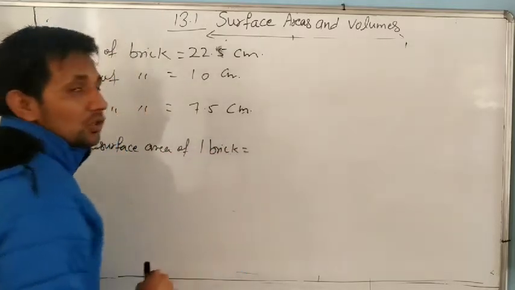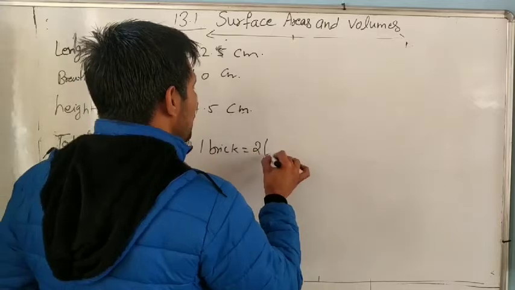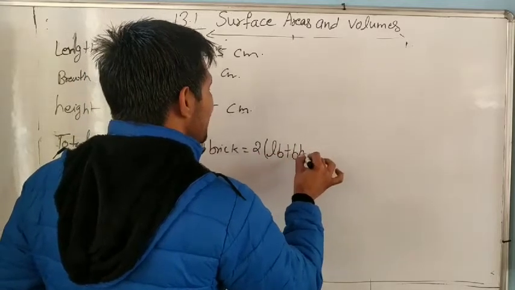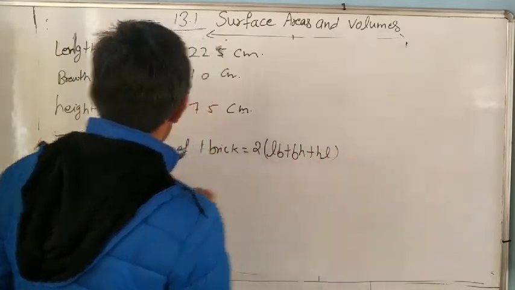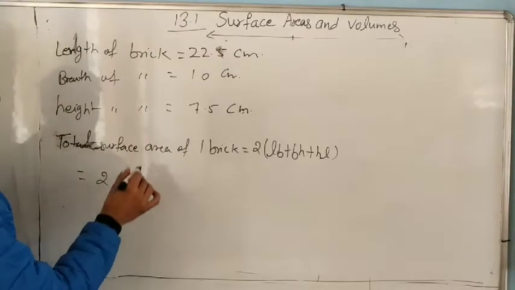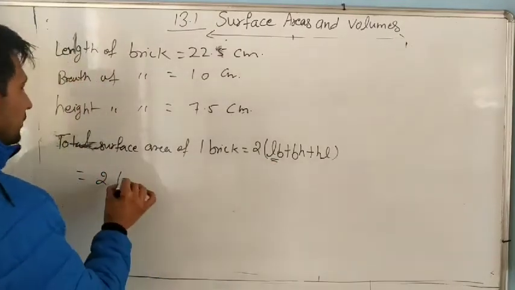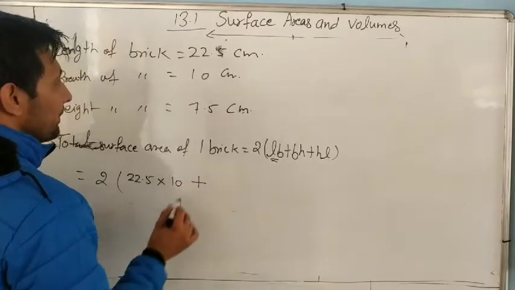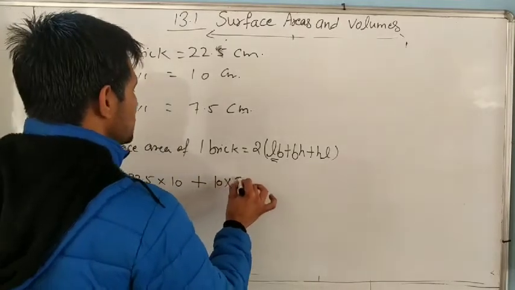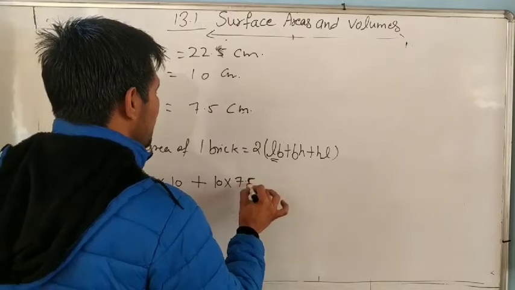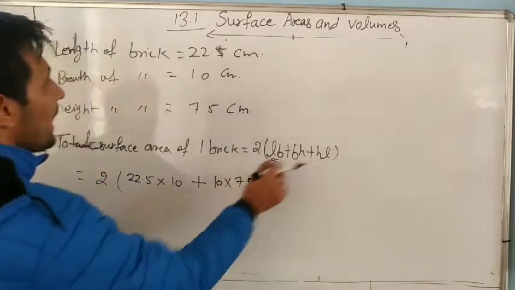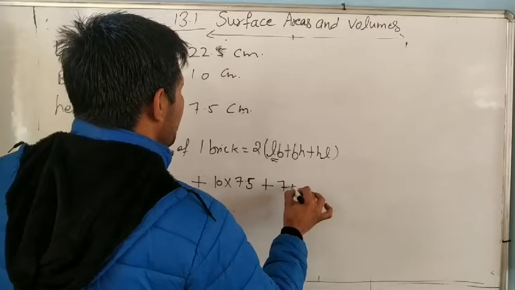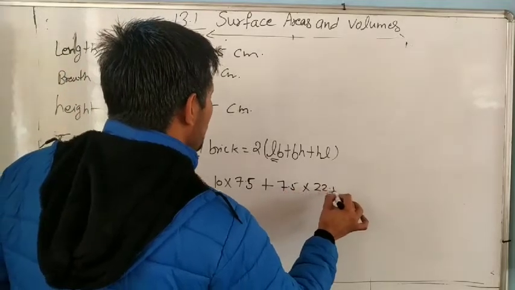The total surface area formula is 2 into (LB plus BH plus HL). So 2 multiplied by L into B, 22.5 into 10, plus B into H, 10 into 7.5, plus H into L, 7.5 multiply 22.5.